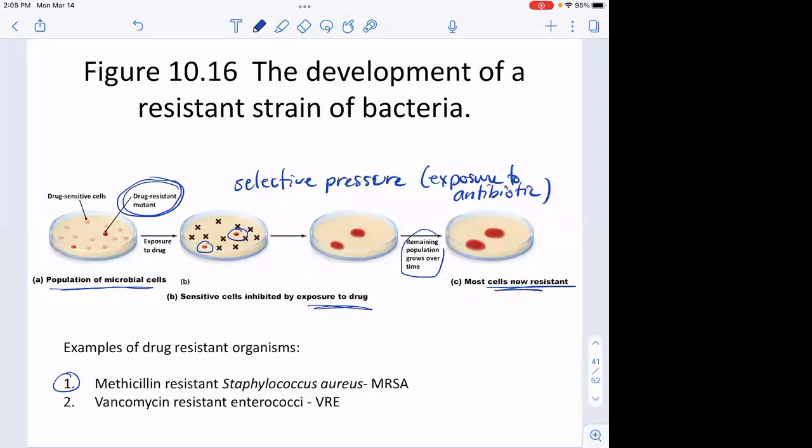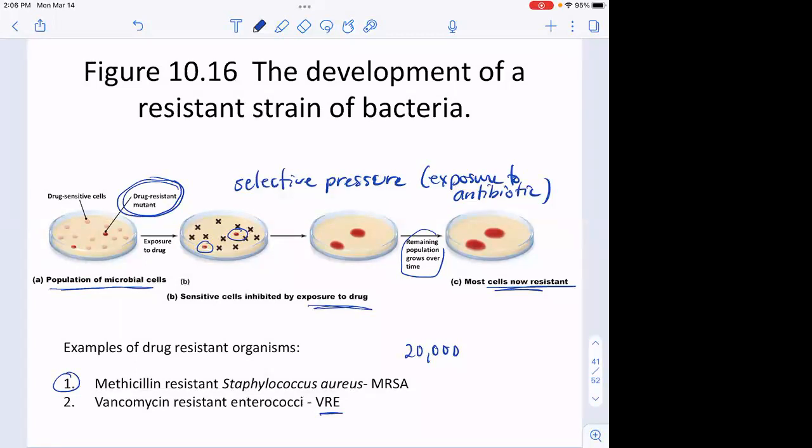Vancomycin resistant enterococci, VRE, is another one that's a real medical danger. We think about 20,000 people a year die of antibiotic resistant infections. So people that wouldn't have died if we had had an antibiotic that could take care of whatever infection they have. So it's a real problem.